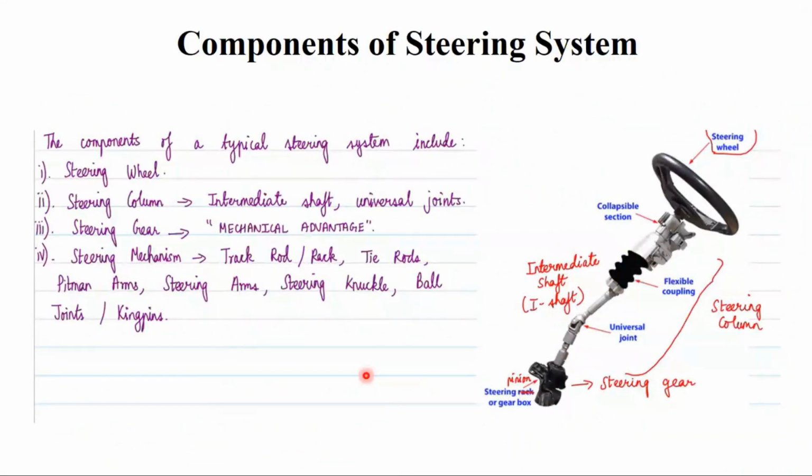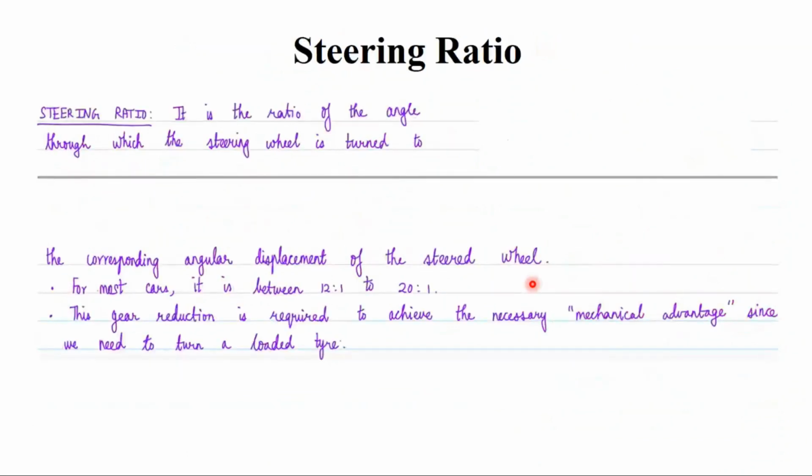Because when you see the vehicle, the front wheel, the complete load is going to act on the wheel or the tire. So the gear reduction is very important to achieve the required mechanical advantage, since we are going to turn the loaded tire.